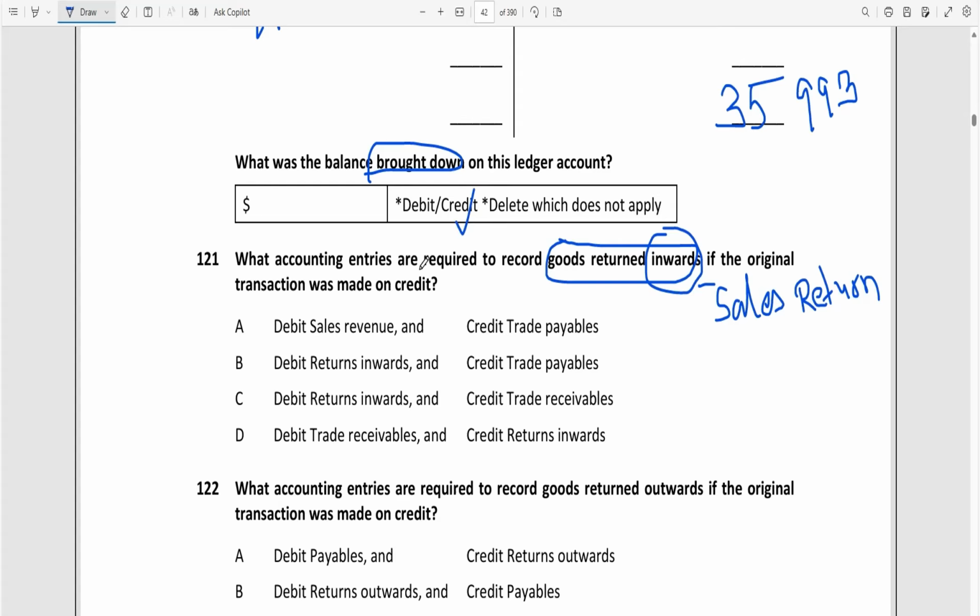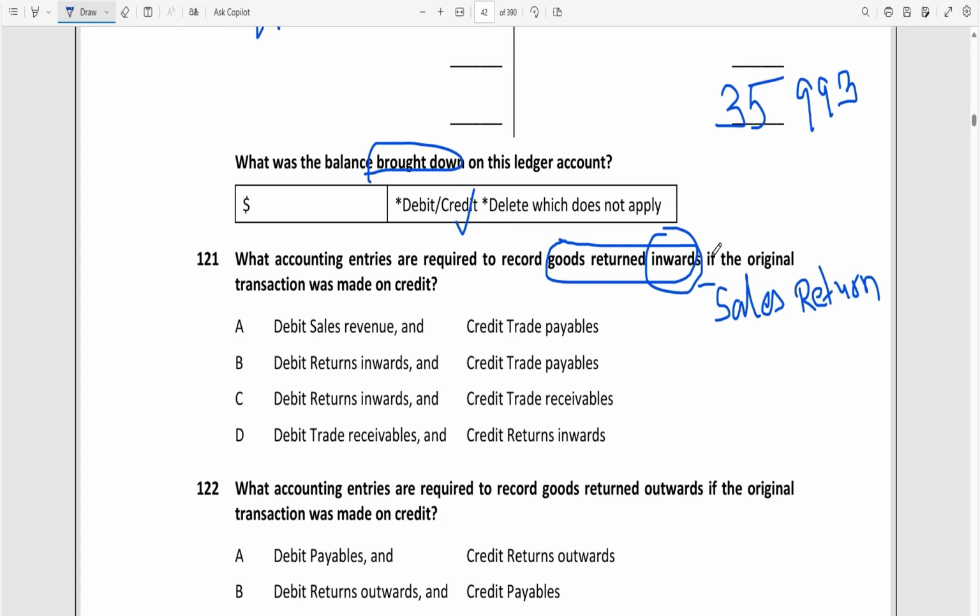So what accounting entries are required to record goods return inward if the original transaction was made on credit? Originally we have posted debit receivable, right? And on the credit side, we have posted sales. But now the customer will not pay because they have returned the goods.